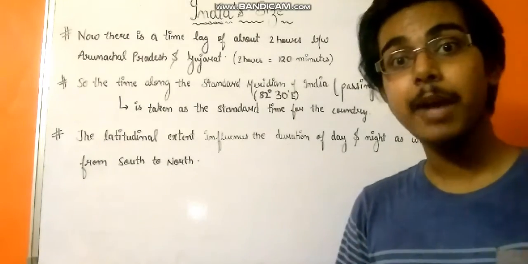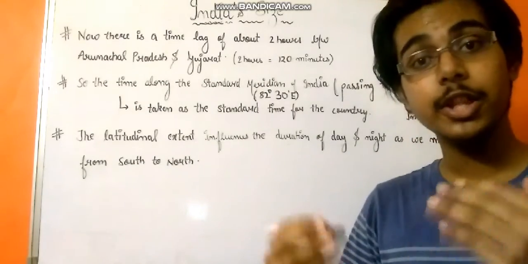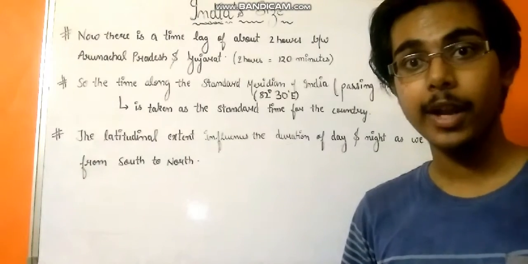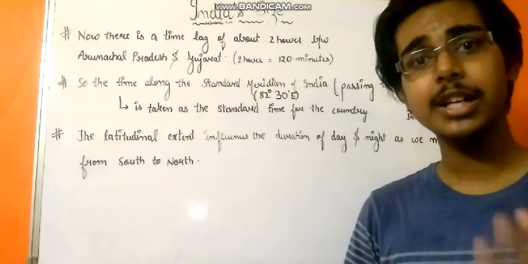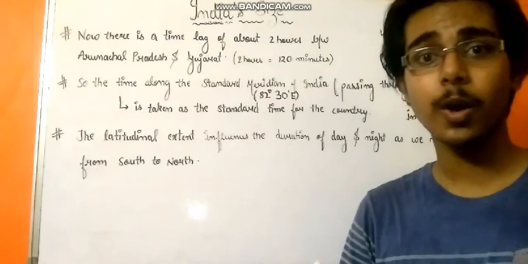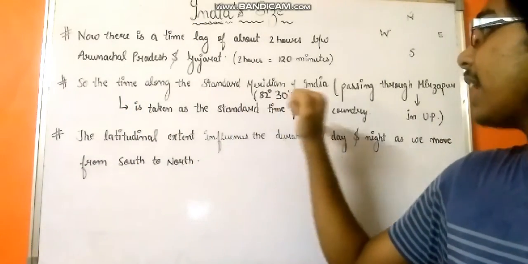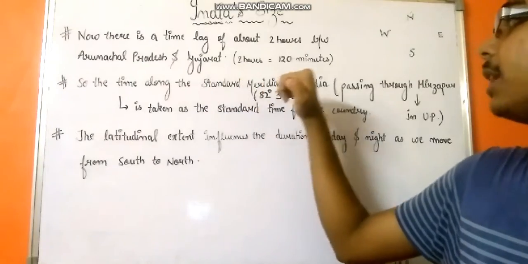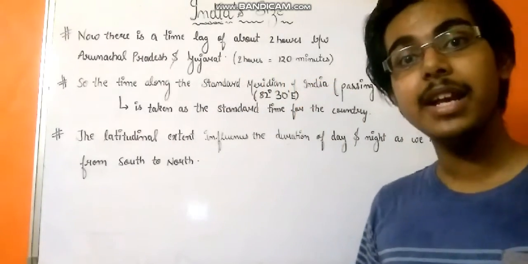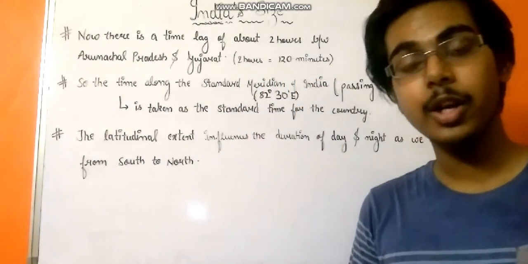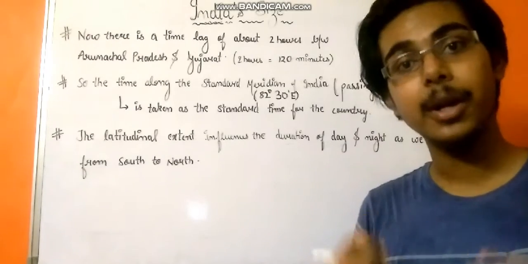Now with respect to the prime meridian, the longitudes are calculated. This is not part of your syllabus, but it is important that you know what is latitude, longitude and meridians. Standard meridians are actually taken by a country to determine a standard time for their particular country.